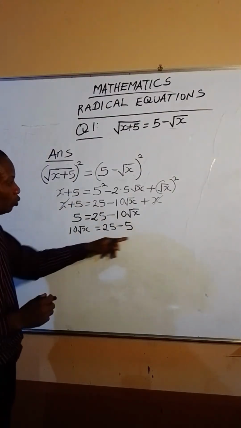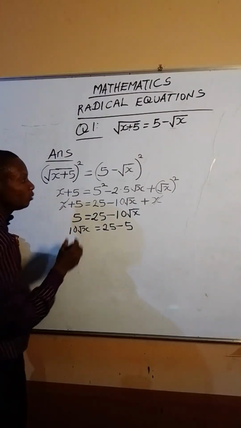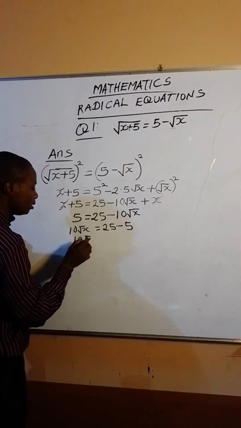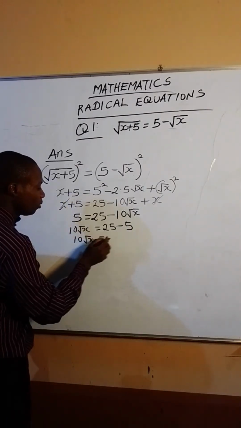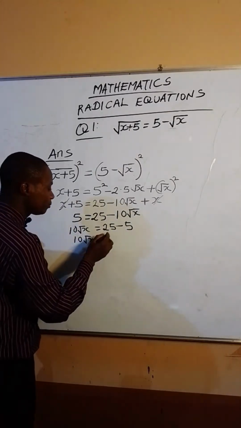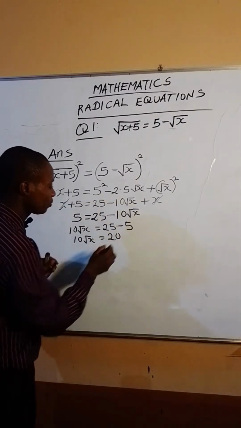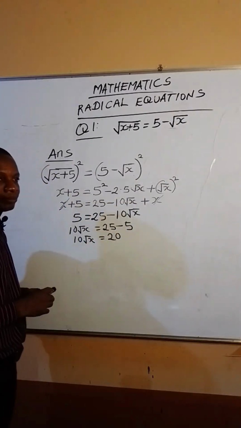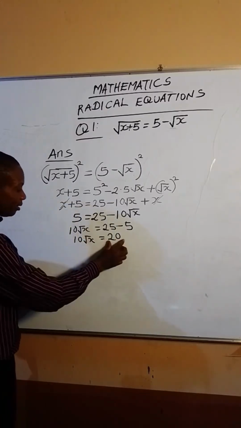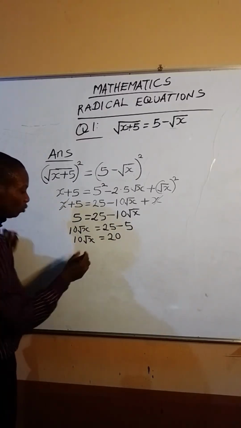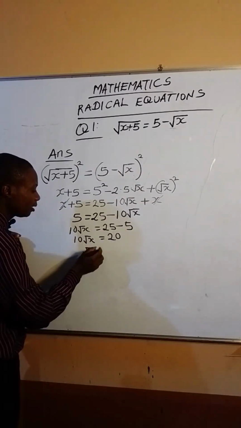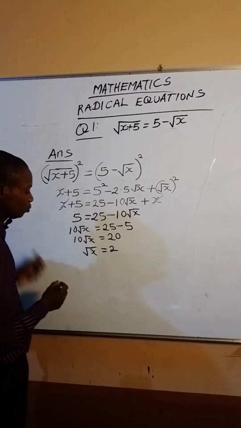If we do it this way, we get 10 root x equals 25 minus 5, which is 20. Then we can divide both sides by 10, and we'll be left with root x equals 2.